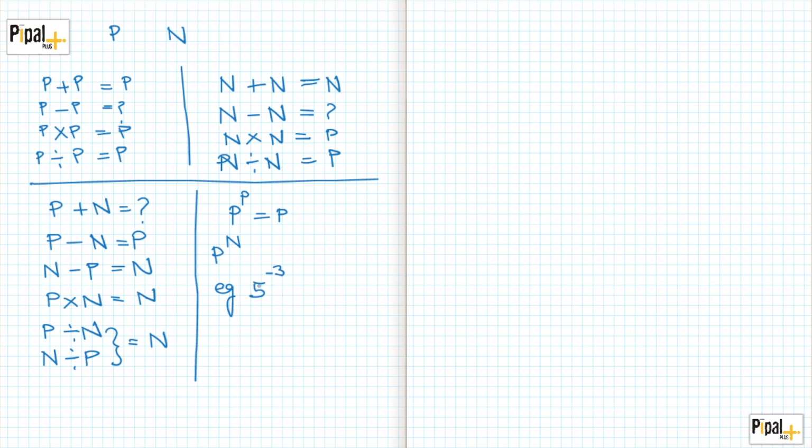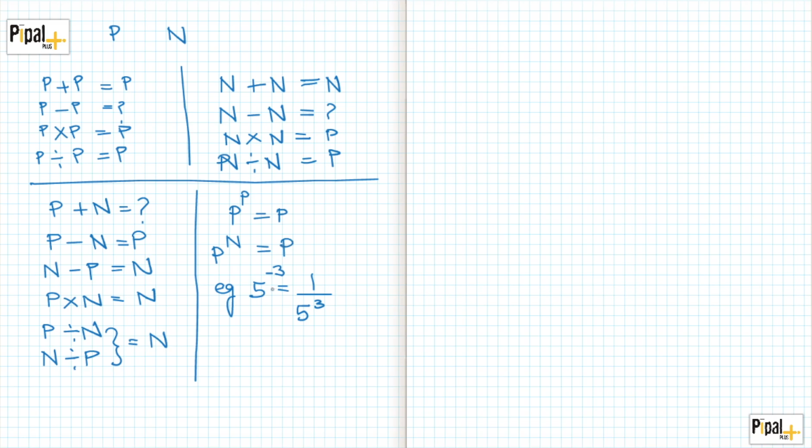This is a positive number whose power is a negative number. However, you should take a look at our chapter on surds and indices. A negative power just means that we take the whole thing into the denominator. So 5 to the power minus 3 equals 1 upon 5 cube, which is still positive. It doesn't matter if a positive number has a negative power, the answer is still going to be a positive number.